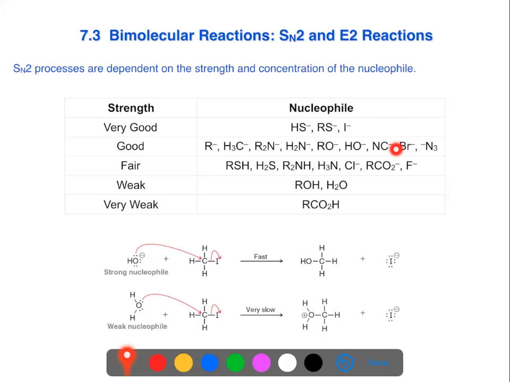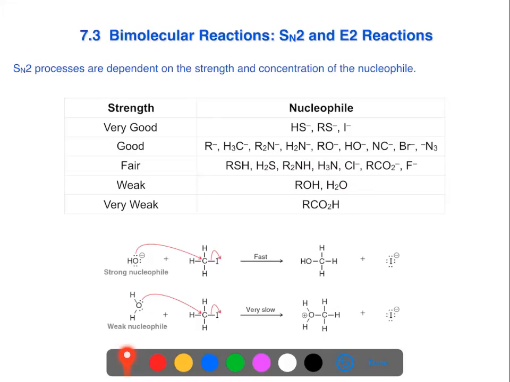And here we also have the bromide in that same entry. Nucleophiles that are not so good or not as good as the ones we've just discussed are the neutral versions of many of those found in entries 1 and 2. And then finally, our weakest nucleophiles are alcohols and water.